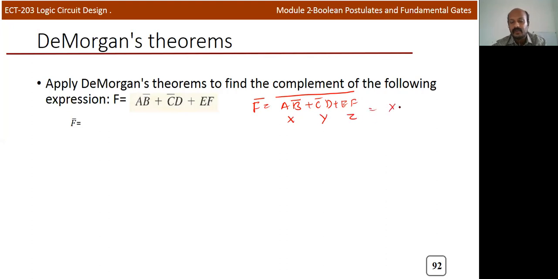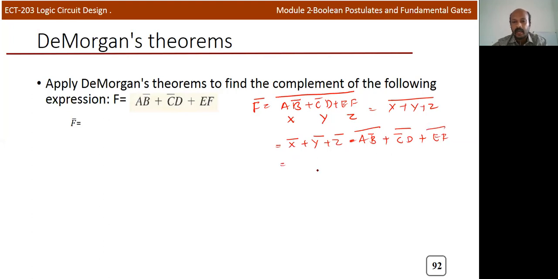So you can write x plus y plus z the whole bar. And if you apply DeMorgan's theorem, it becomes x bar plus y bar plus z bar. And in place of x, you can substitute a bar b bar the whole bar, in place of y, you can substitute c bar d the whole bar, in place of z, you can substitute ef the whole bar.